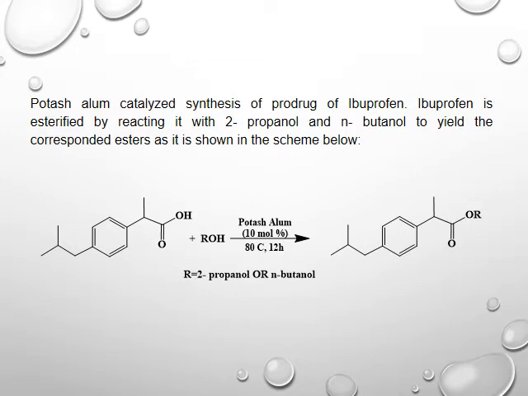Sometimes we use propanol or butanol with 3 and 4 carbon chains. With potassium alum اللي هو الشب at 80 Celsius for 12 hours نقدر نسوي تخليق لهذا المركب on the right, اللي هو المركب متحول من الكربوكسيليك أسيد للأستر، يحتوي على OOR.